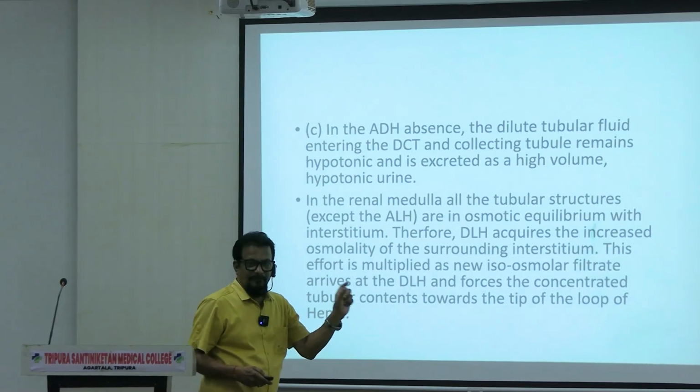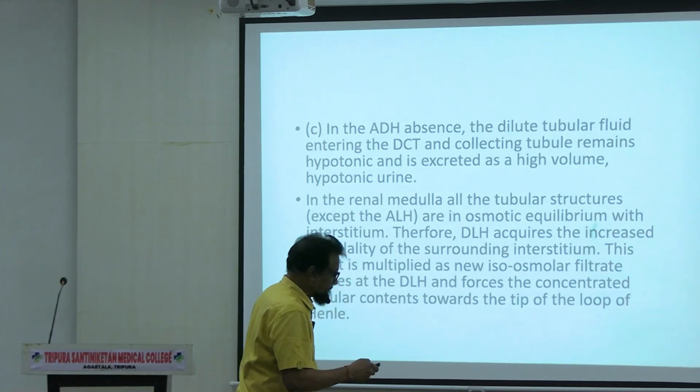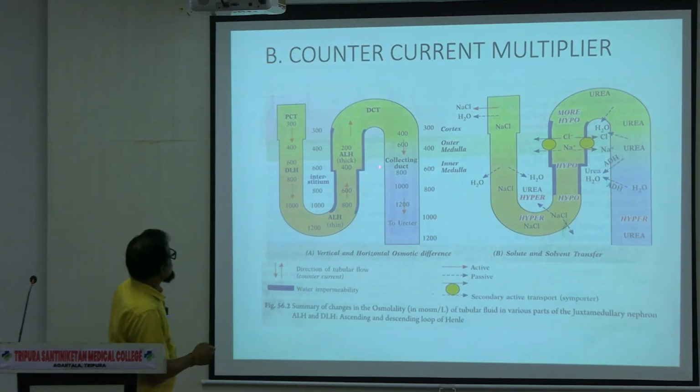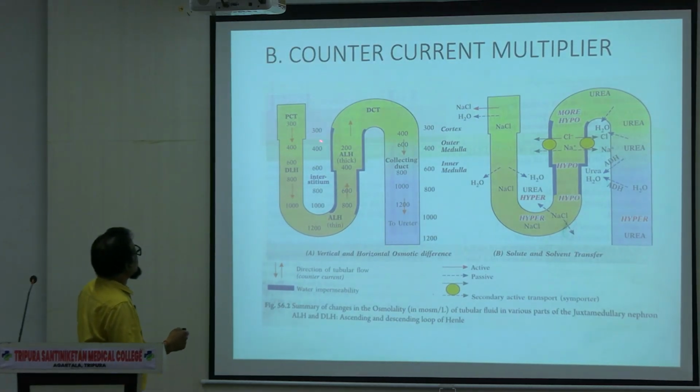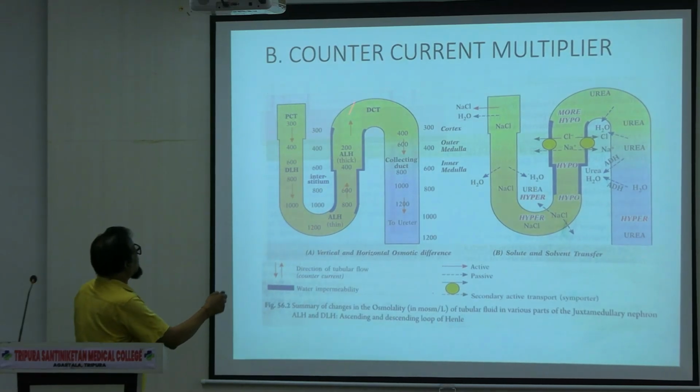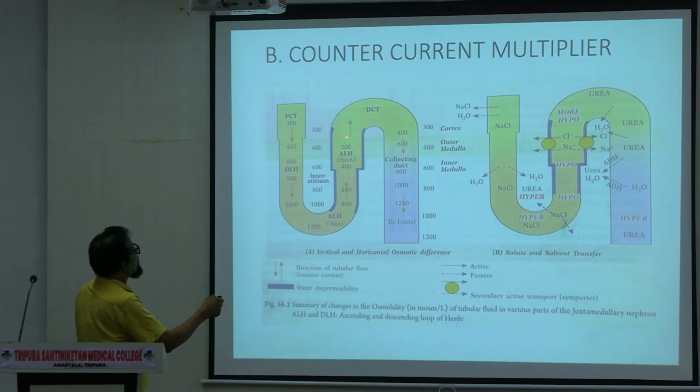What is happening in different segments has been explained here. Now see, when it has entered the final condition, it is 400, it is 1200. Now it is ascending, the osmolarity will be gradually decreasing, and when it is leaving, it is becoming hyposmolar.